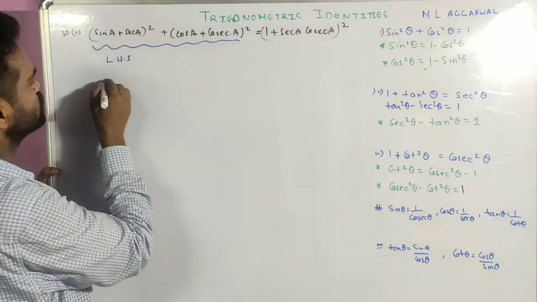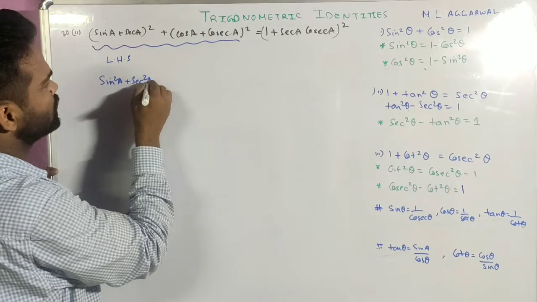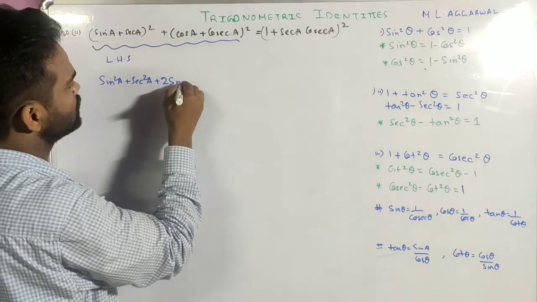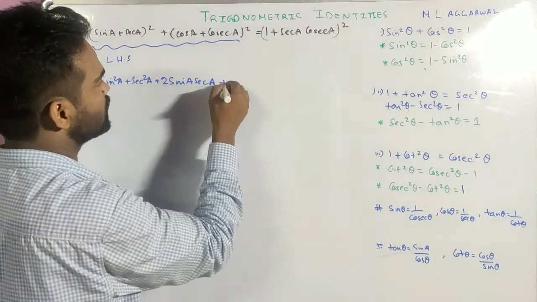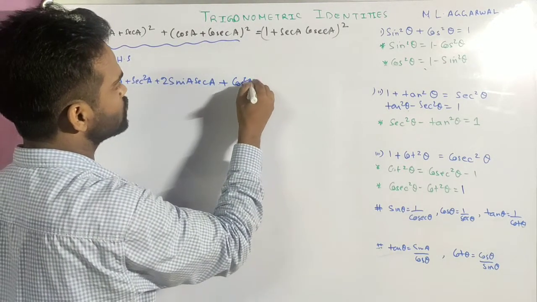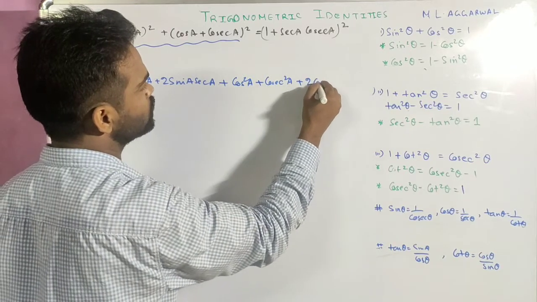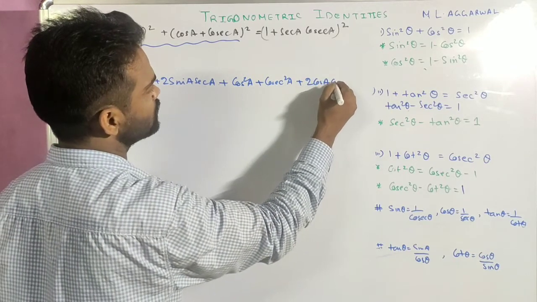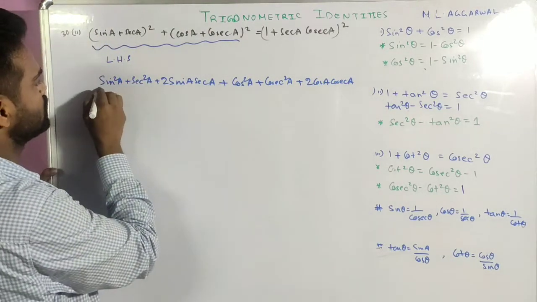(Sin A plus sec A) whole square will be sin square A plus sec square A plus 2 sin A sec A. Isn't it? Similarly, I'll open this bracket. Cos square A plus cosec square A plus 2 cos A cosec A. Can I write like this? Now look.